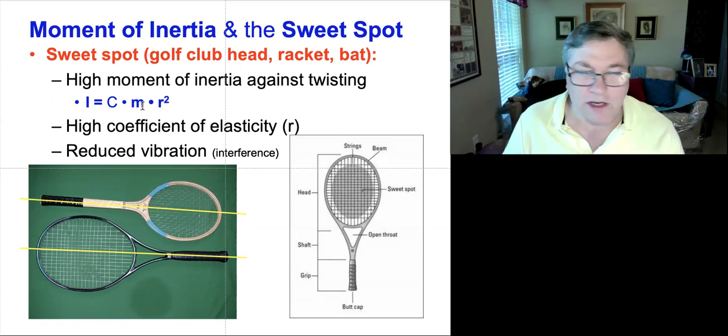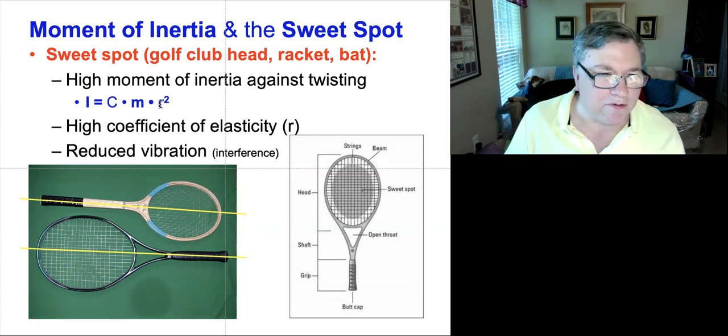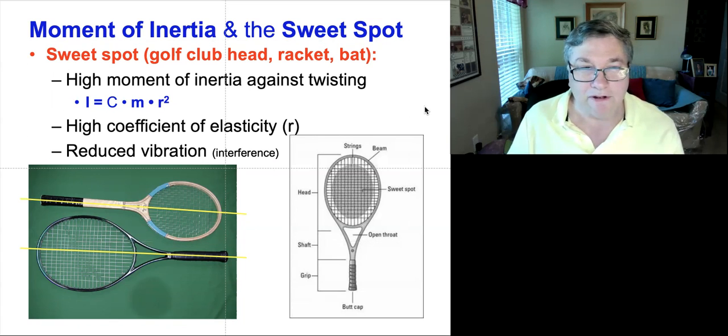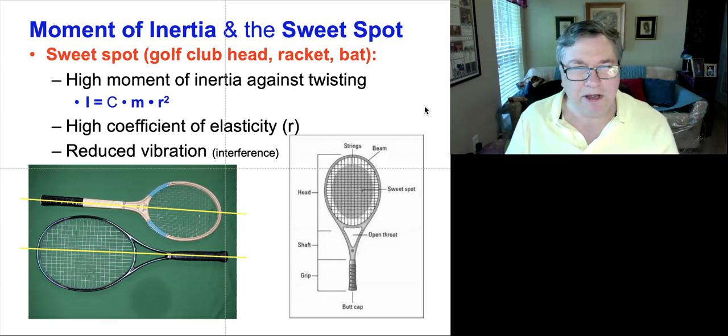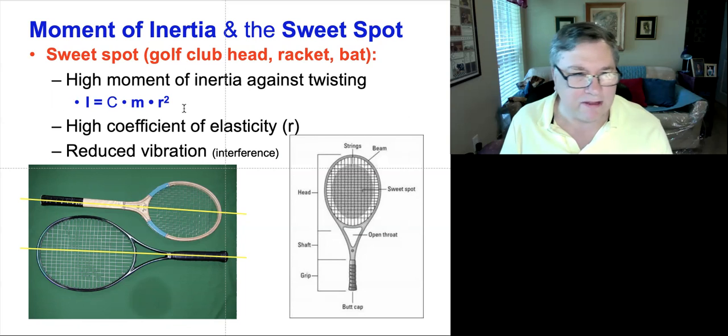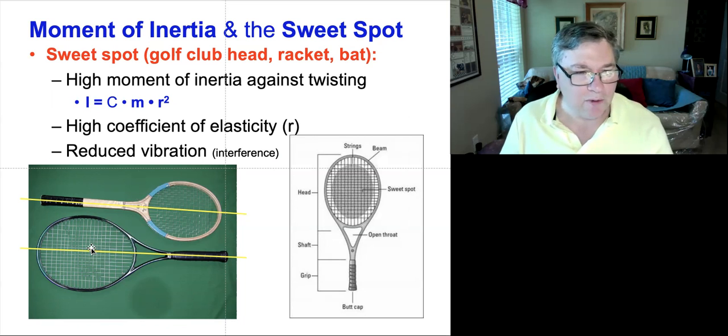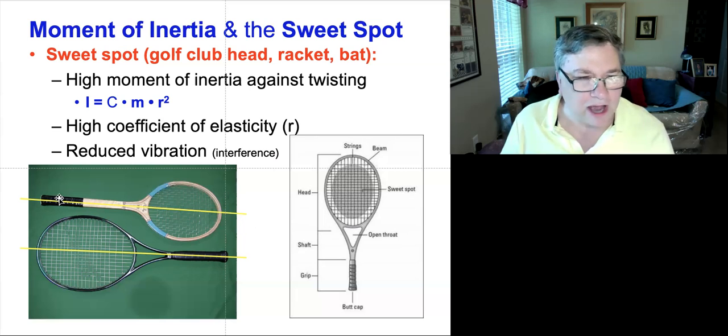So let's just pretend it's twice the mass, but the radius of gyration is, let's say, 1/2, okay? Because that's to the second power, we're going to have, in the end, I'm sorry, half of the moment of inertia for this wooden racket as we will for today's racket along this axis, along this z-axis.